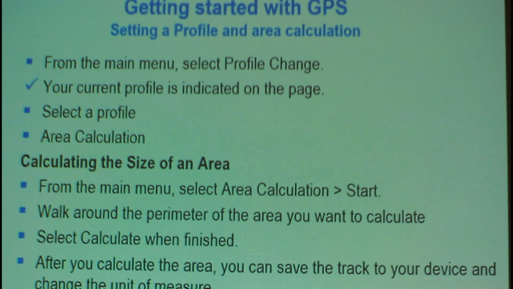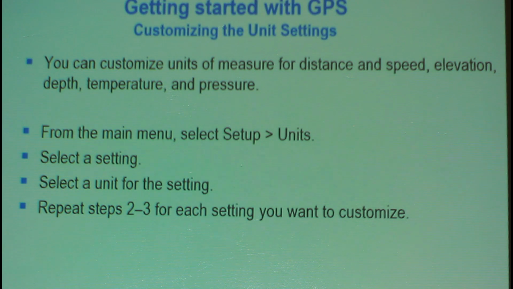As I said, you can customize your GPS in terms of the units of measurement and the position format, assuming you want to measure locations not in meters, but in degrees. Depending on what you want, you can change it, just like you customize the settings in your mobile phone. You can change the position format.